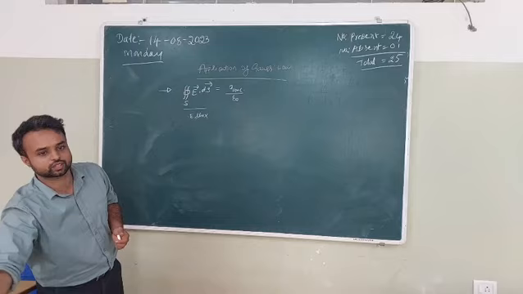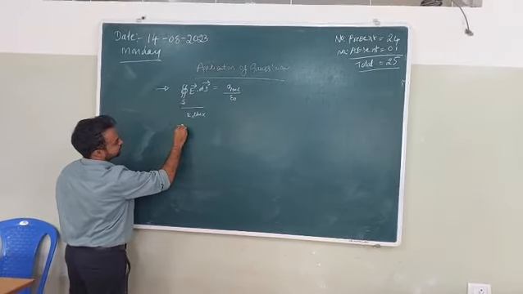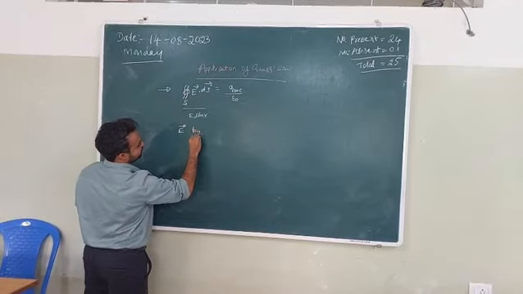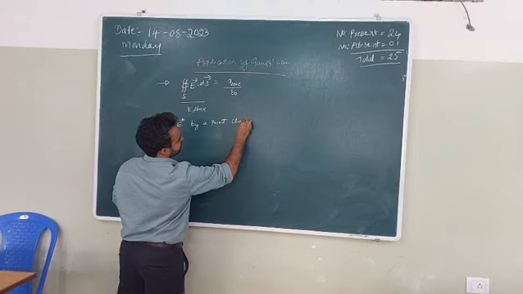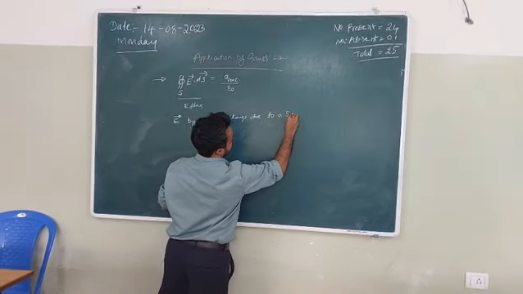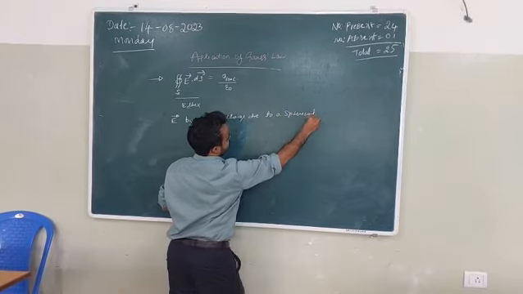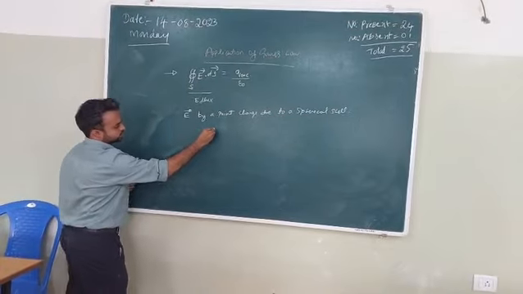Now we can see a derivation. We want to calculate the electric field due to a spherical shell or a spherical conductor. How to do this? What is the question?